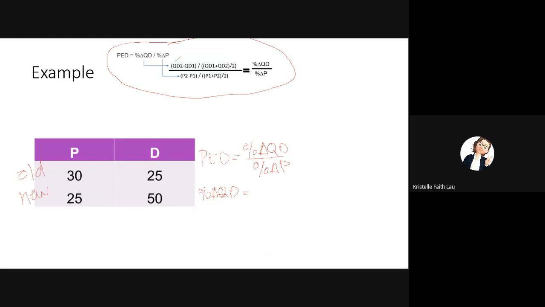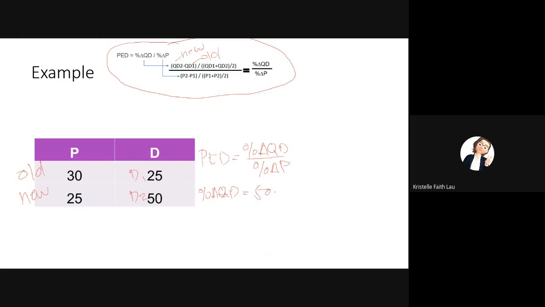QD2 is for the new and QD1 for the old. Sorry, it's reversed: D2 and D1.